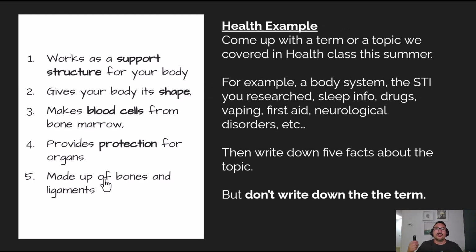So in health, come up with a term, and some of the examples were body systems, an STI that they researched, sleep information, drugs, etc. In this case, it was body structures, and so it works as a structure for your body, gives your body its shape. It's the skeletal system, but they didn't write that. Only 5 facts about the skeletal system, right?